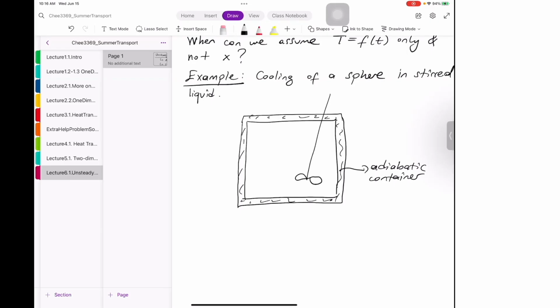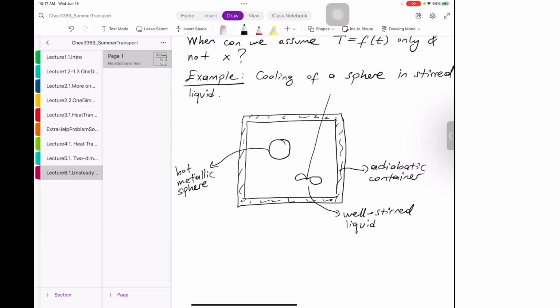You actually mix the fluid, so this is well stirred. Okay, and here you have a hot metallic sphere.